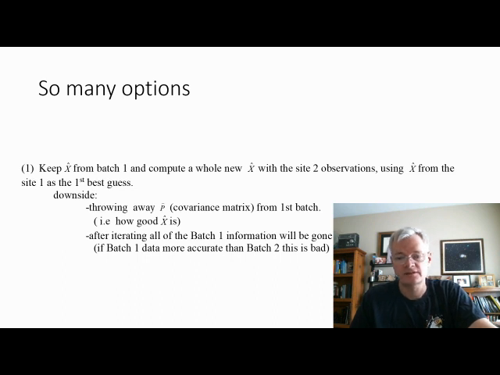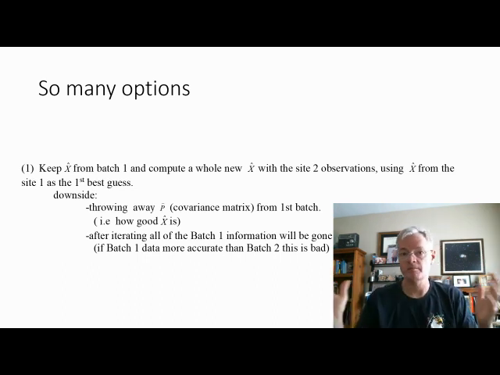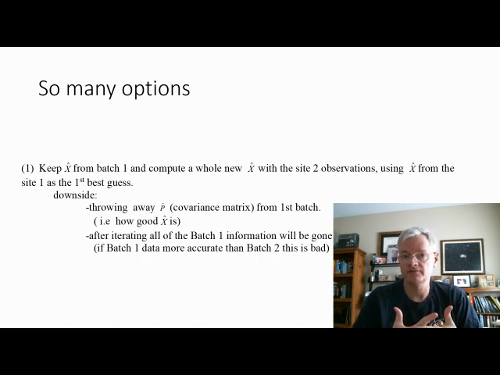This isn't that great of a way of doing it, because if all you do is take your results from batch 1 and use that as your starting point for the batch 2 data, then you've thrown away all the weights, all the covariance, and you're just fitting the new data, basically.